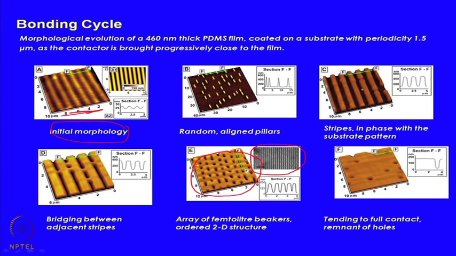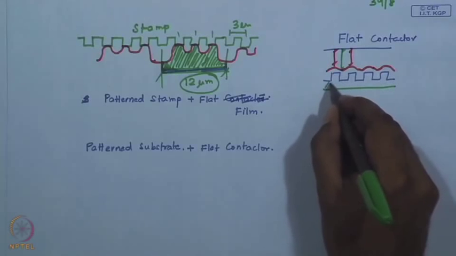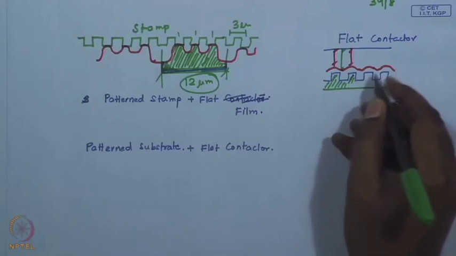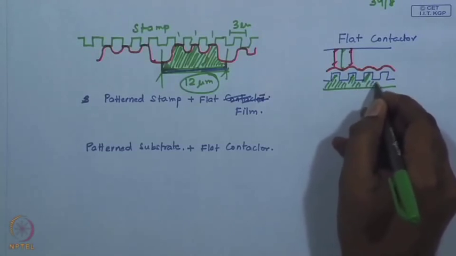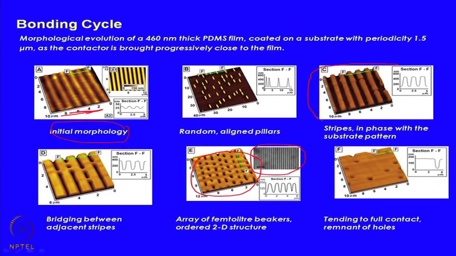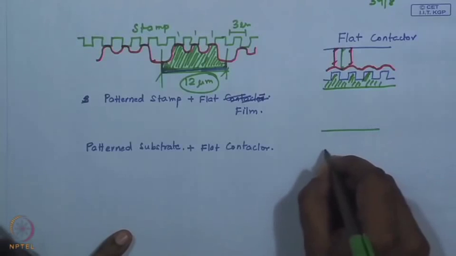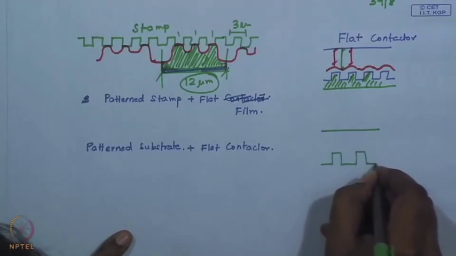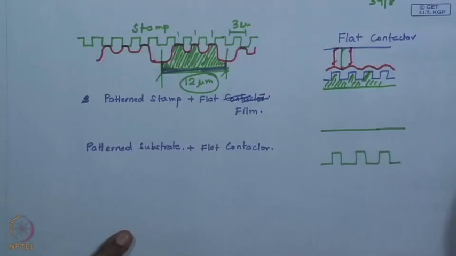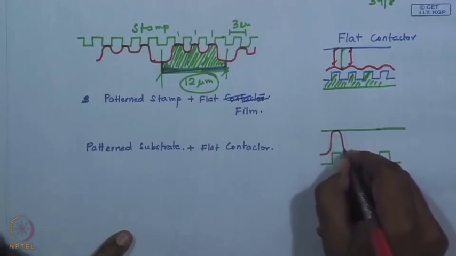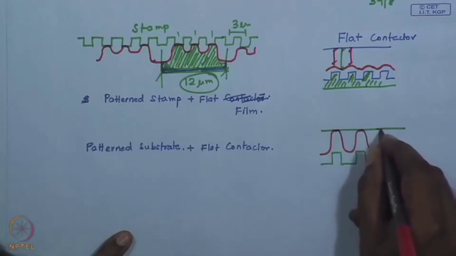This is interesting in the sense that here the effect of the substrate sort of bleeds through the film, resulting first in a replica which morphologically resembles the substrate itself. This is the substrate. This is what happens when the columns form because of adhesive attraction. As the stamp approaches, one would expect that first the columns would form like this.